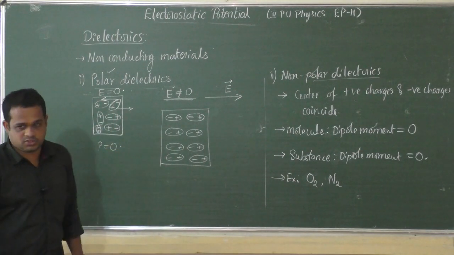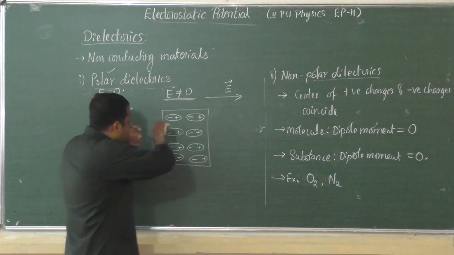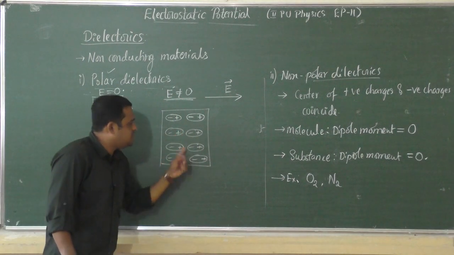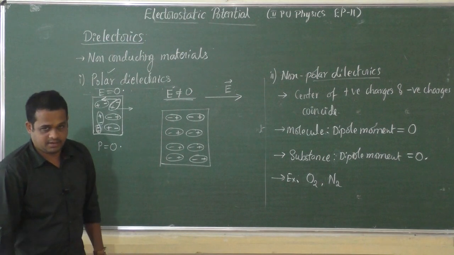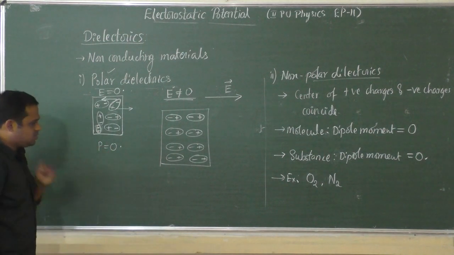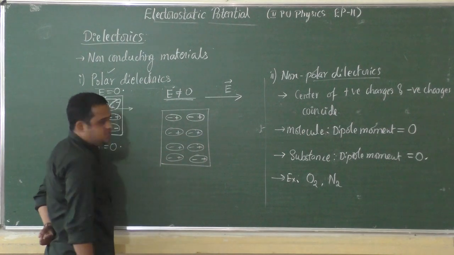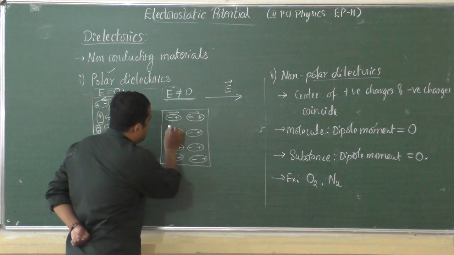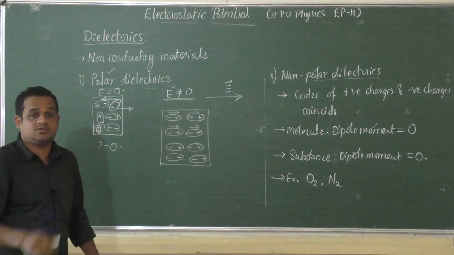Due to that force, each molecular dipole will align along the direction of the electric field, isn't it? Now if you consider the direction of all the dipole moments, it is the same. This is negative to positive, negative to positive, negative to positive. All the dipole moments will have the same direction.